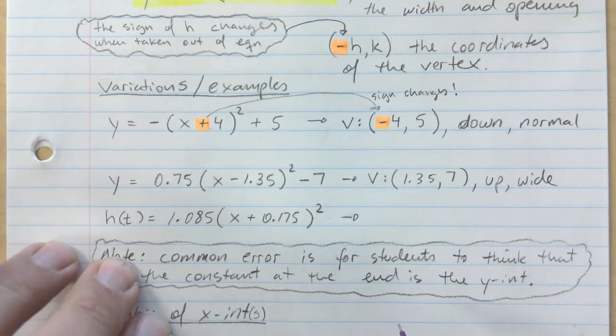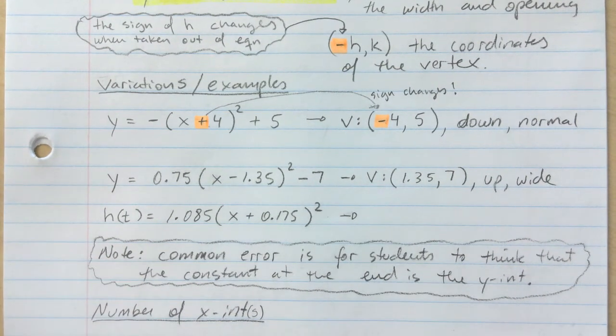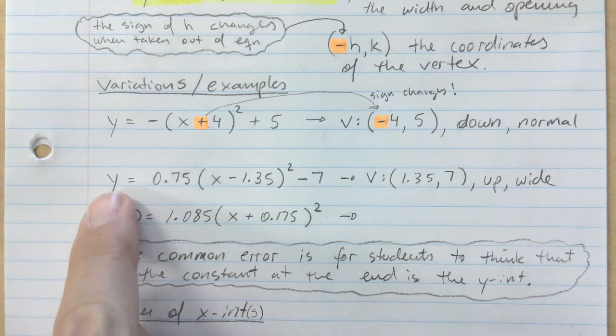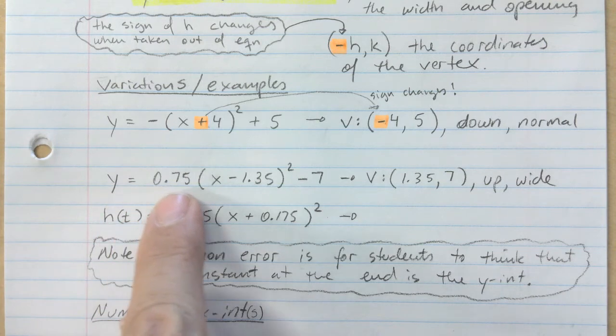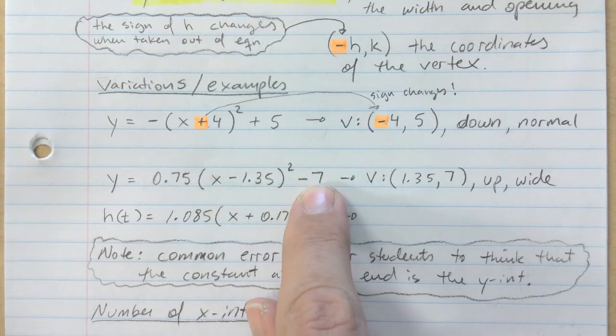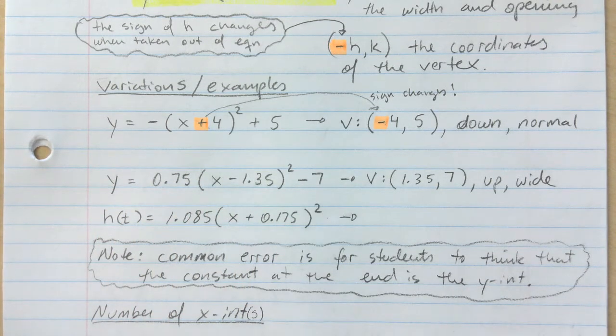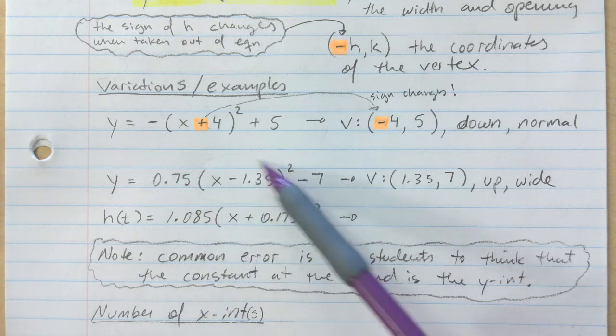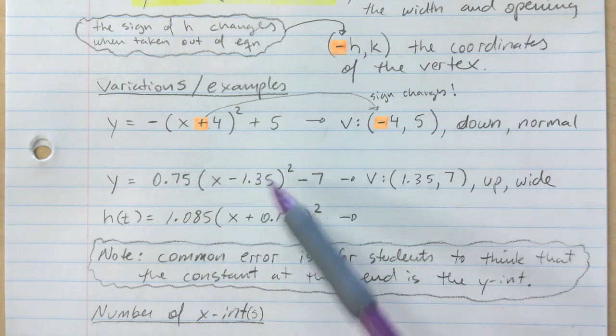Here's another example. So I kind of just throw in weird decimals so that it shouldn't throw you off, okay? So here it is again. First of all, you should be looking at this equation and recognize that it's in descriptive form. How do you recognize that? It's quite simple, just the brackets. The brackets with a square, that should give it away.